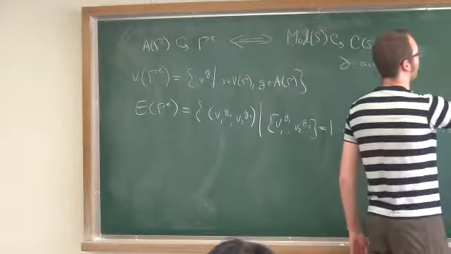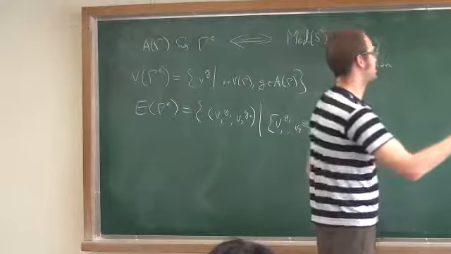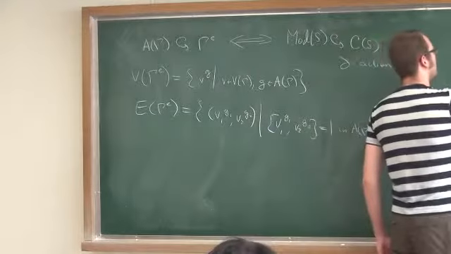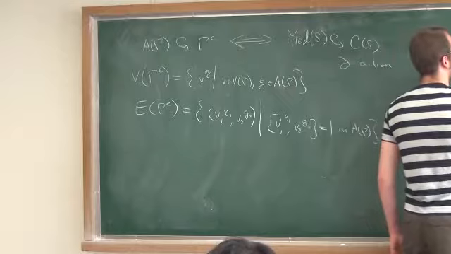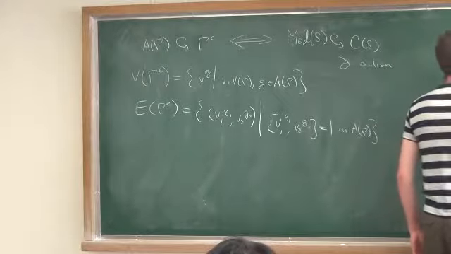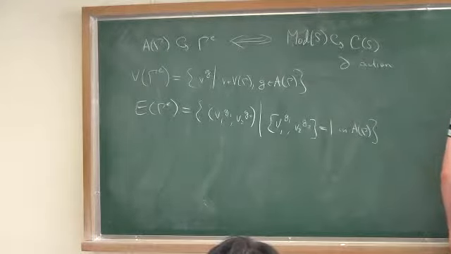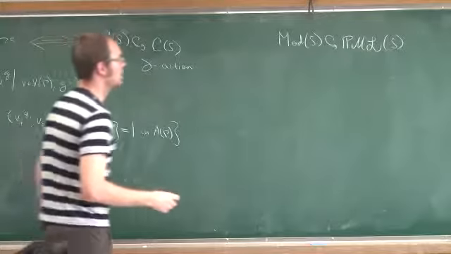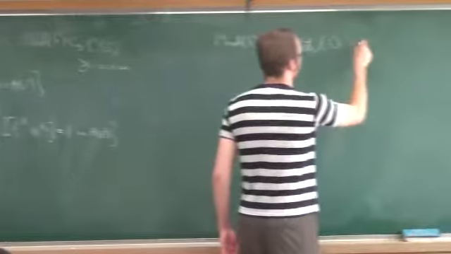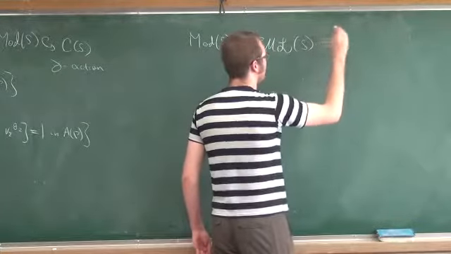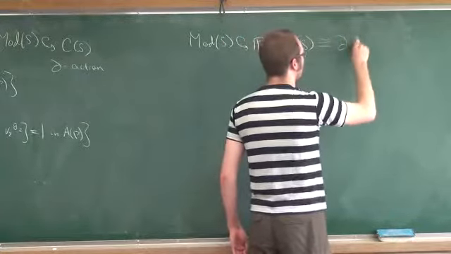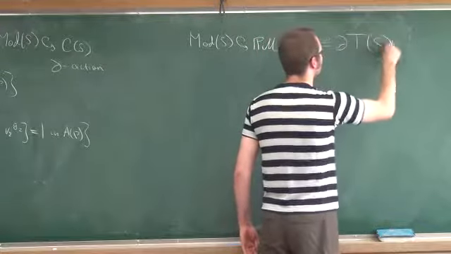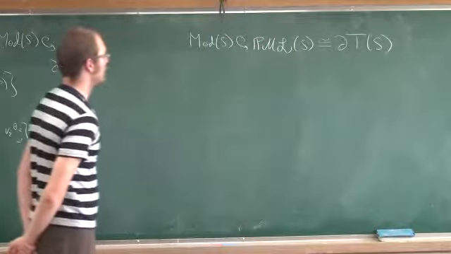So there's a well-studied action of the mapping class group on the space of projective measured laminations of a surface. If you don't know what these are, this isn't that important. But the point is that this is naturally identified with the boundary of the Teichmuller space of the surface S.